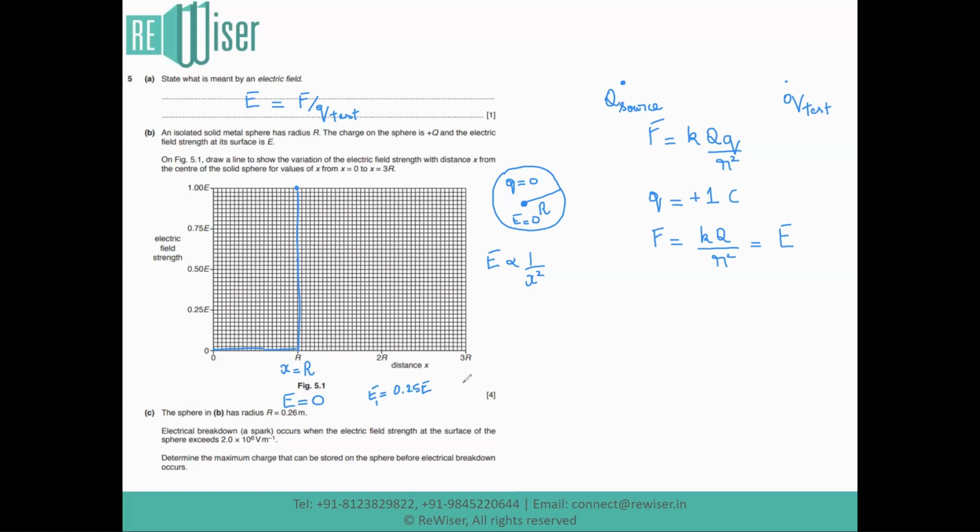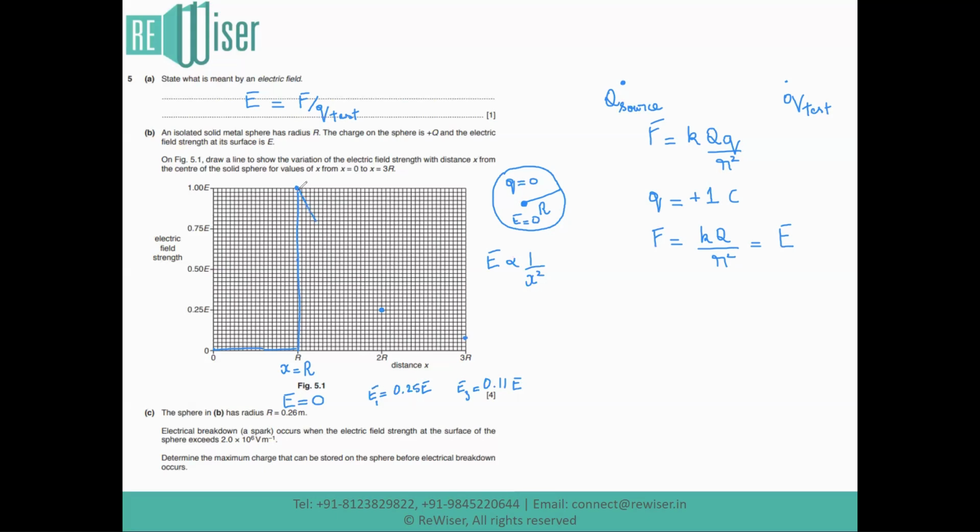Let's call it E1. So at 3R, it'll just be E3 equal to 1 by 3 square, which is 1 by 9, which is 0.11 times the value initially. So at 2R, it's going to be approximately 0.25. At 3R, it's going to be approximately 0.11.